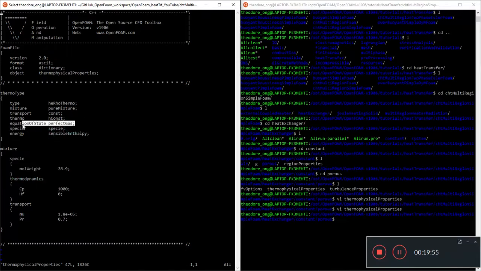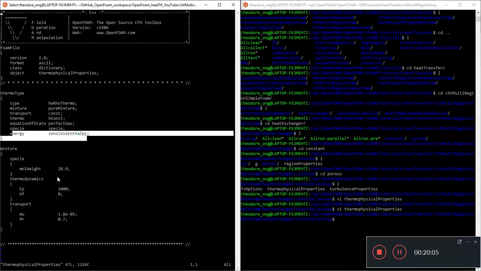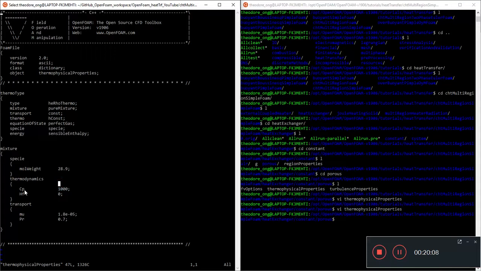Equation of state is perfect gas, meaning it's ideal gas, which is not exactly what we want here. We want something more closely resembling oil. Energy is sensible enthalpy, so we just leave it. But anyway, we see here that you can define the dynamic viscosity, mu, at 1.8 times 10 to the minus 5 in SI units, Prandtl number 0.7.